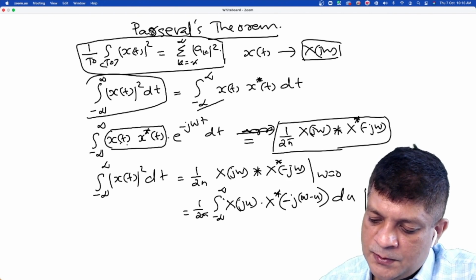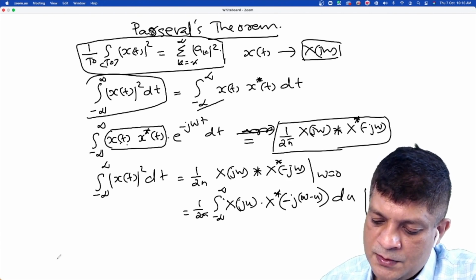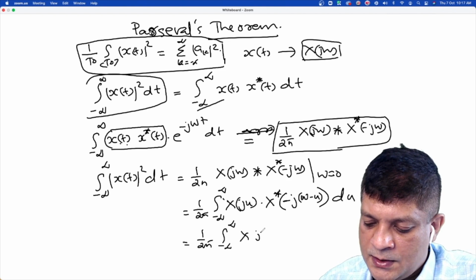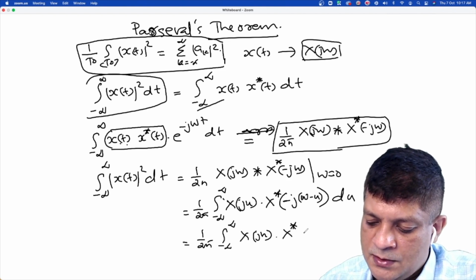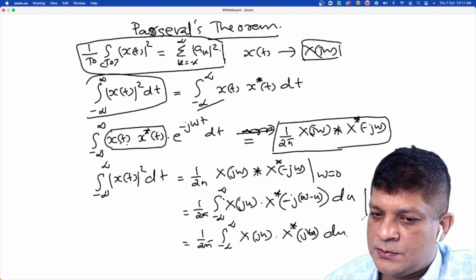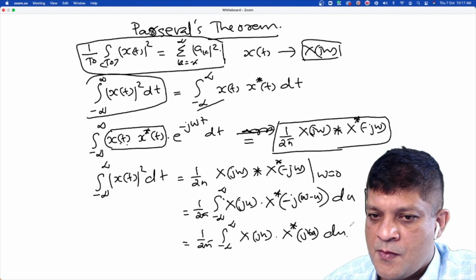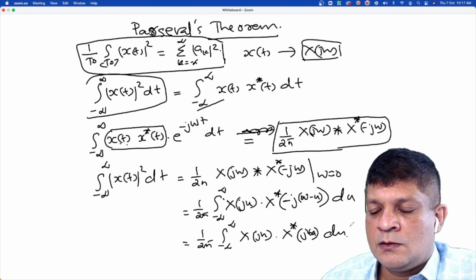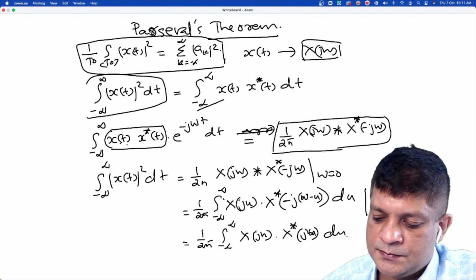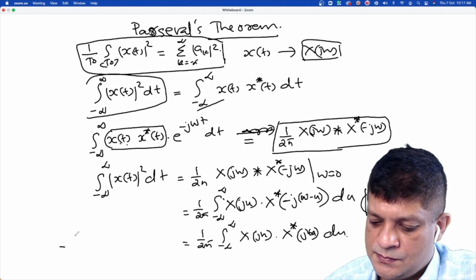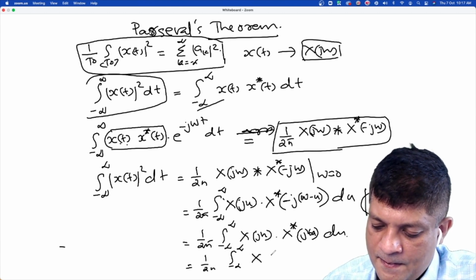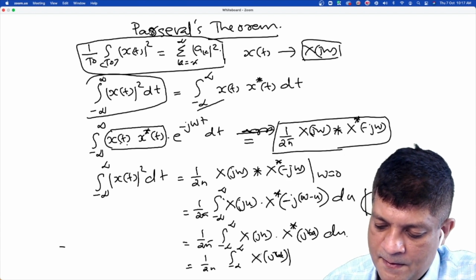Now you have to find this for ω equal to 0. So what is that? 1/2π integral from minus infinity to infinity of X(ju) X*(ju) du when ω is equal to 0. I'm putting ω equal to 0 here. Then you get this. Can we simplify this?